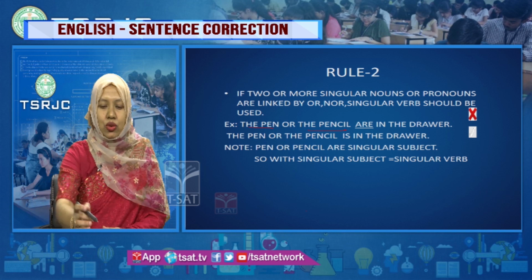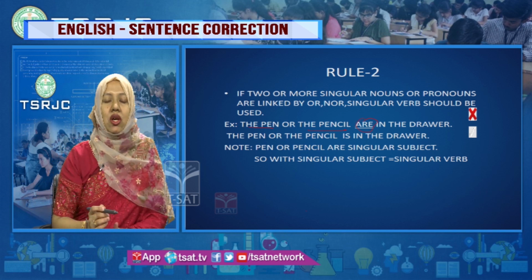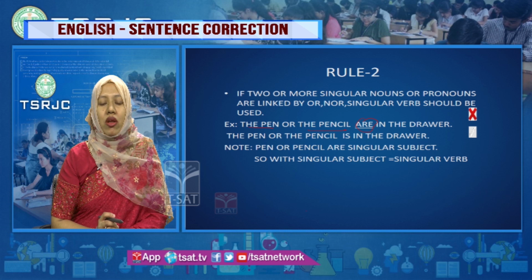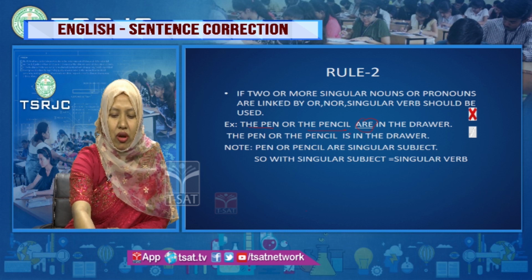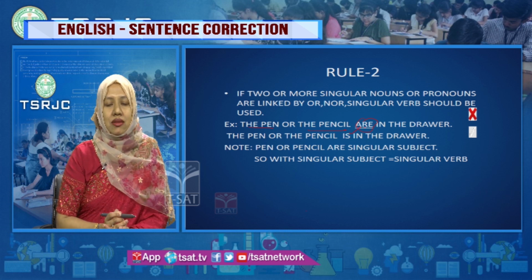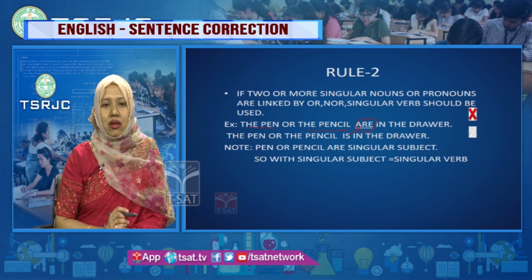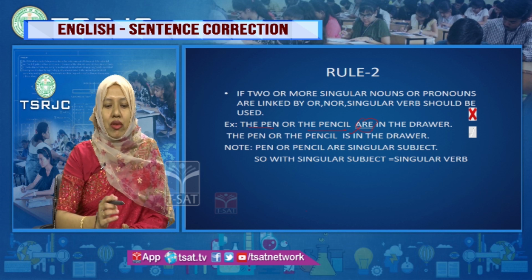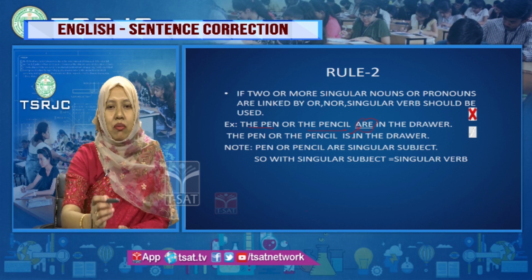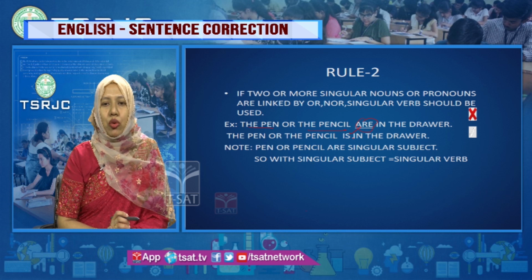Here "are" is used as a helping verb, which is wrong. The correct sentence is "the pen or the pencil is in the drawer." The helping verb should be "is," because we are talking about either the pen or the pencil, not both. So always remember, with a singular subject, a singular verb, and with a plural subject, a plural verb should be used. I hope you have understood this rule.